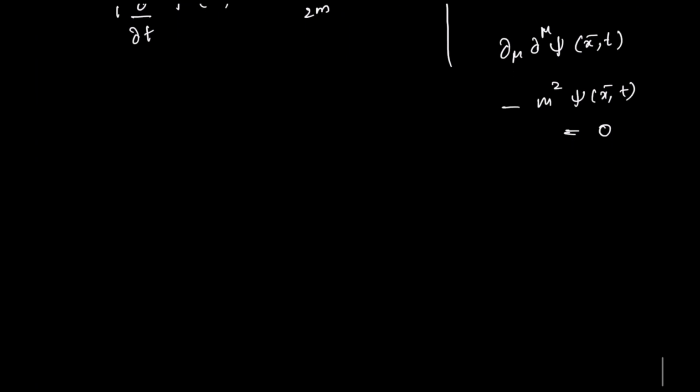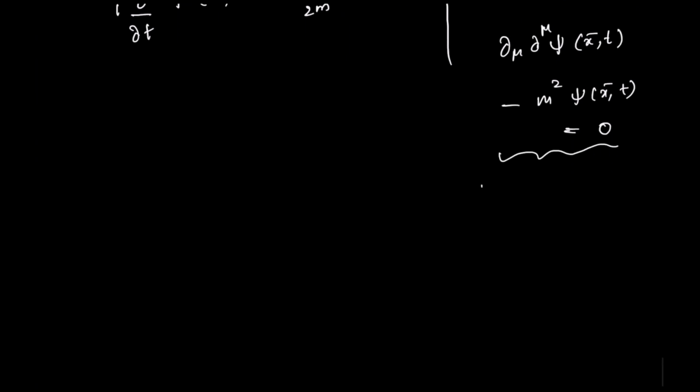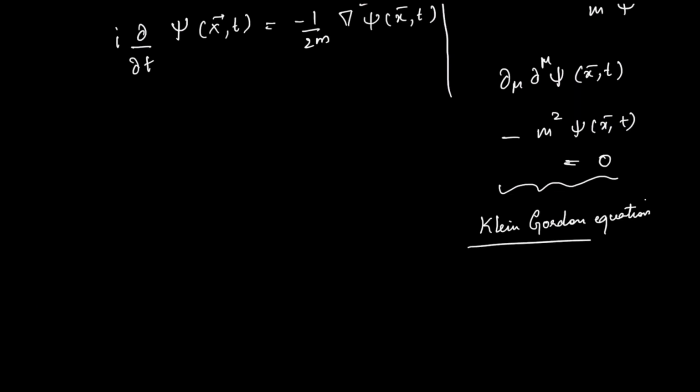So this is nothing but the Klein-Gordon equation. It is similar to the equation for a simple scalar field, but here psi is not a field. It is a wave function that represents a single particle and its square gives probability.